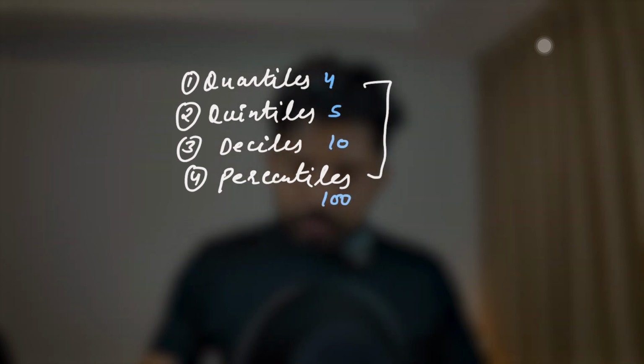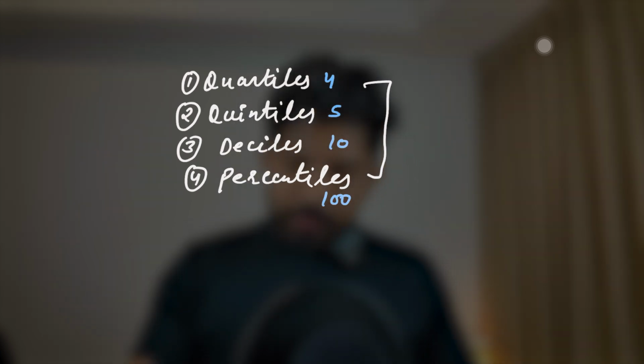We might have other tiles also, but basically these 4 tiles are required for this session and for our learning. So this means 4 parts, this means 5, 10 and 100. While calculating these tiles, you have to keep in mind these rules. Very basic rules, but very important rules.